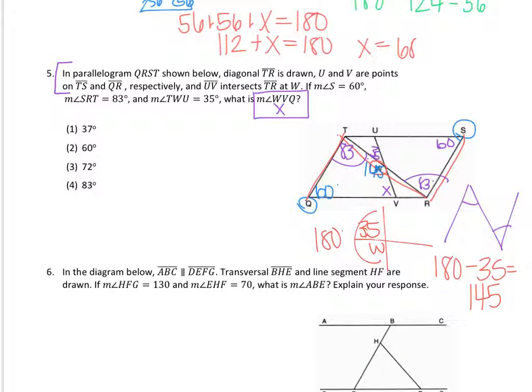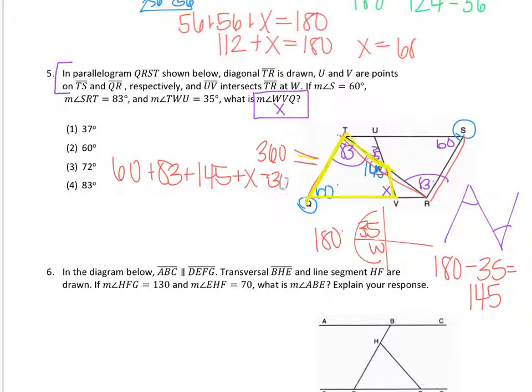And if we focus for just a second on Q, T, W, V, we actually have a four-sided figure where all four angles sum to 360. So our last step here in solving for x is to just add them up to 360. 60 plus 83 plus 145 plus x equals 360.